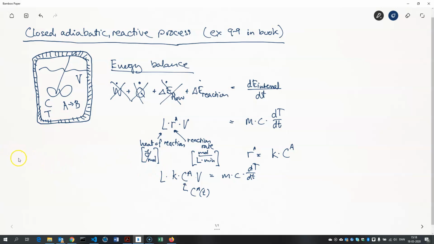And we'll use the fact that the change in concentration of the reactant per time unit is equal to minus the reaction rate, and that in turn is equal to K times the concentration. So this gives us another differential equation, and that enables us to solve this problem.